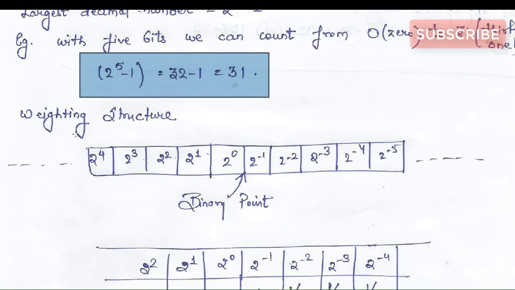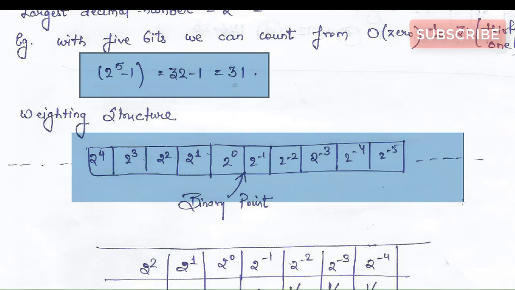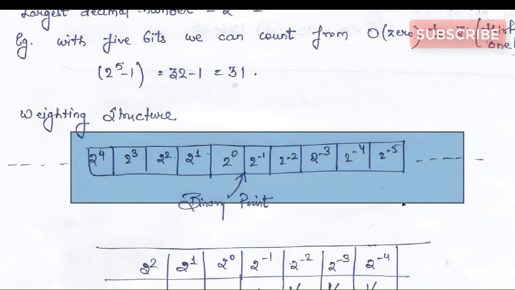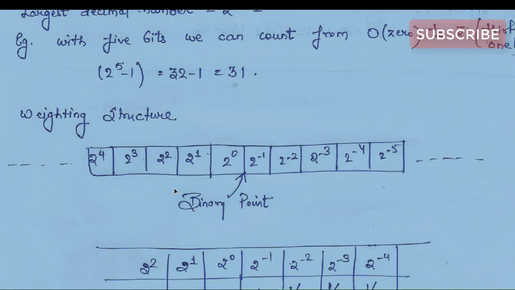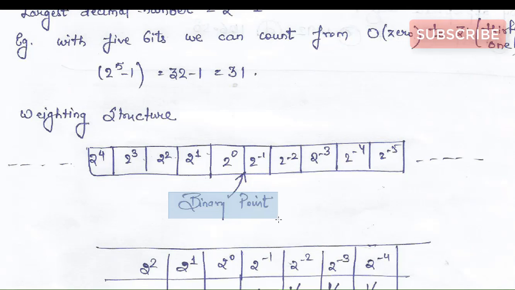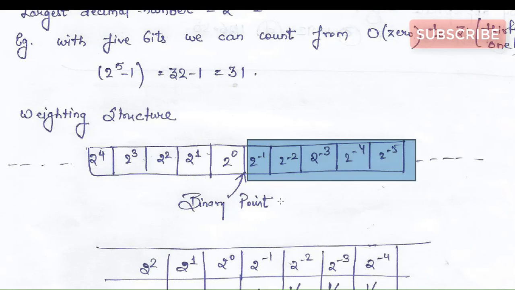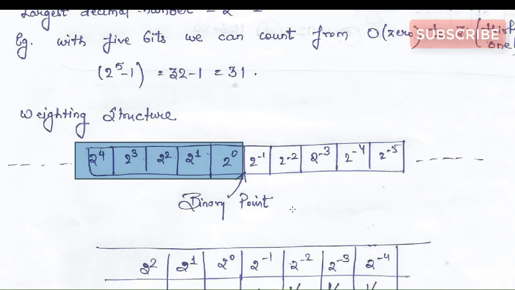Second one, this is the structure for the binary number system. Okay, this is the binary point, and before this, 2 to the power 0, then 2 to the power minus 1, 2 to the power minus 2, means the power decreases from right to left, and after this the power increases from left to right like the decimal number system.